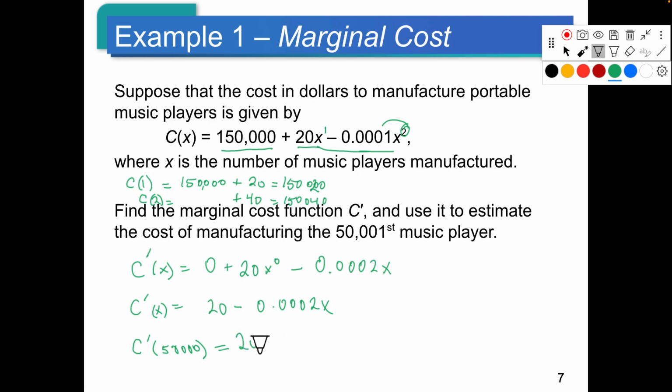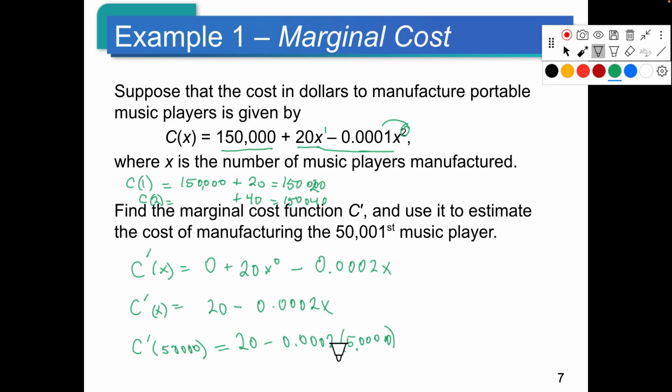So that's going to be 20 minus 0.0002 times 50,000. You might think, oh, got to get the calculator out, but with these zeros, it's 1, 2, 3, 4. So I can move it back 1, 2, 3, 4.